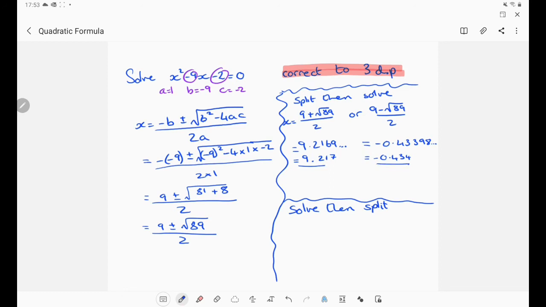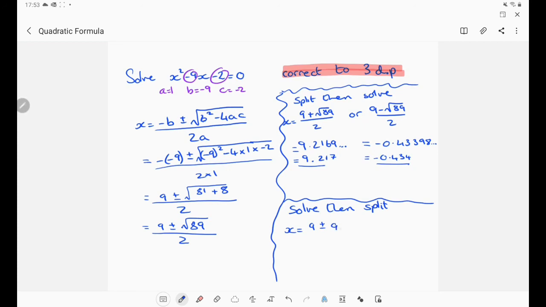Fantastic. Let's have a look at solve then split, and you'll see the method doesn't change much, it's just the last two steps are flipped. And what I mean by solve then split is that we find the square root of 89 first. So we have x equals 9 plus or minus, and you go to your calculator and you type in the square root of 89.